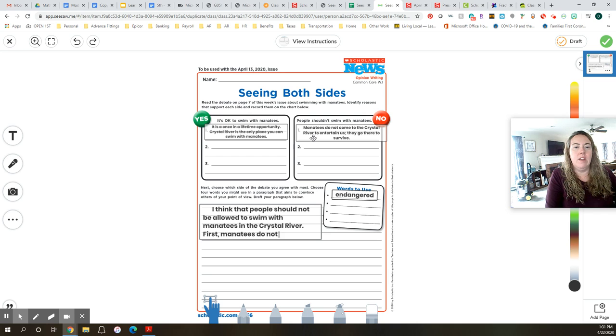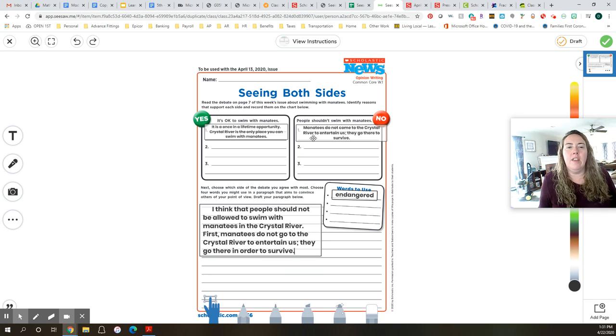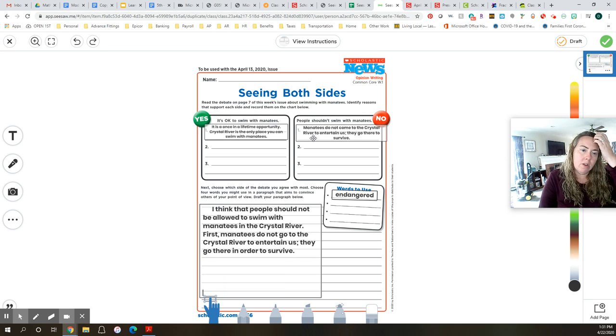manatees do not go to the Crystal River to entertain us. They go there in order to survive. Okay? So that's my first reason. You'll have 3 sentences for reasons, 3 reasons. So I'm going to leave some space. I'm going to pretend that I wrote 2 more reasons.